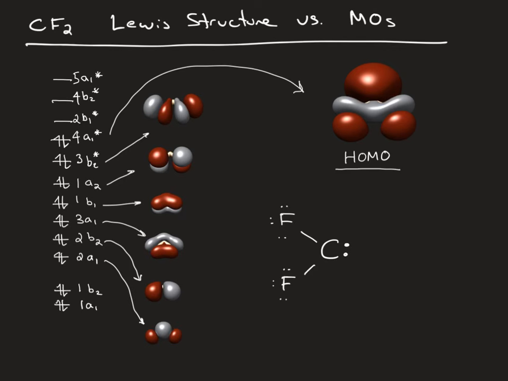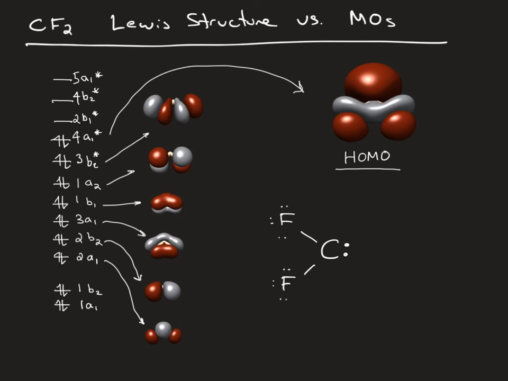Now, it might be hard to reconcile the localized electron pair domains in the Lewis structure of difluorocarbene with the delocalized molecular orbital description. But remember, both the molecular orbital diagram and the Lewis structure are different representations of the difluorocarbene molecule, and both actually coincide nicely with the chemistry observed of difluorocarbene and carbenes in general.